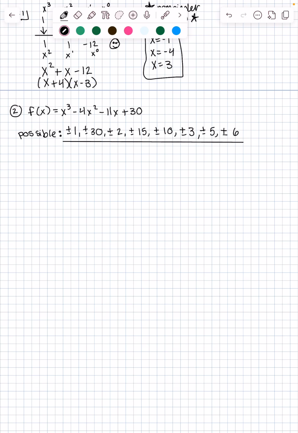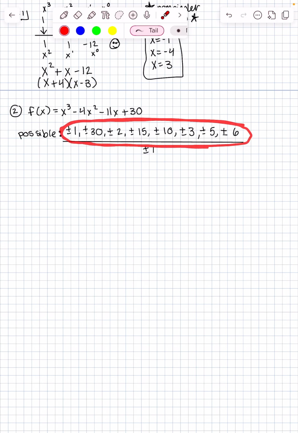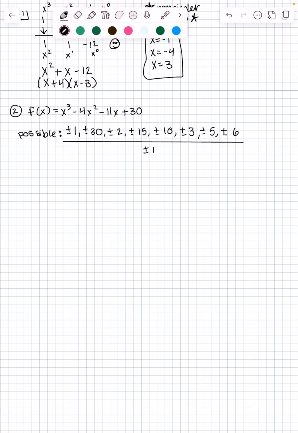Well, my leading coefficient here is just 1, so that's plus or minus 1. So since my leading coefficient here is just 1, basically, these are all of my possible zeros. So let's set up synthetic division.